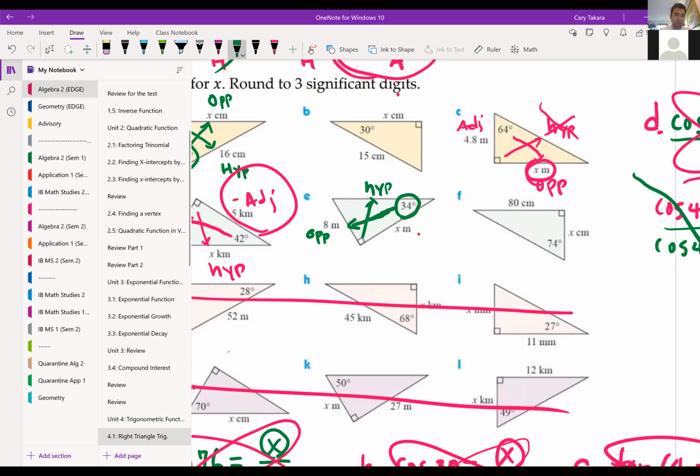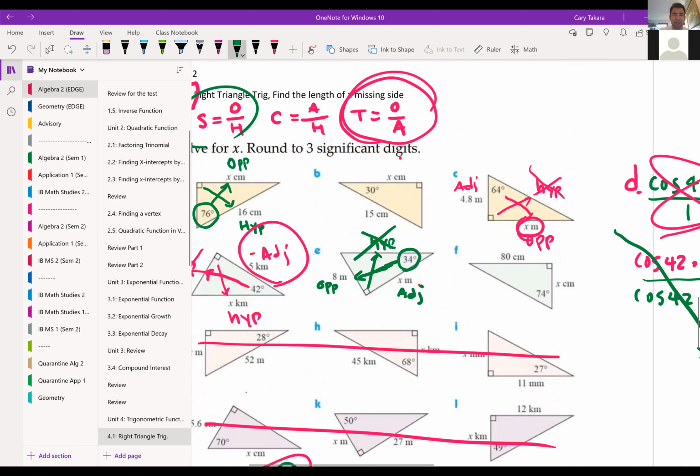That's the hypotenuse. That means this is adjacent. And there's nothing on a hypotenuse, so hypotenuse is out. So it's an opposite adjacent combination, which is a tangent problem. So this has to be a tangent problem.